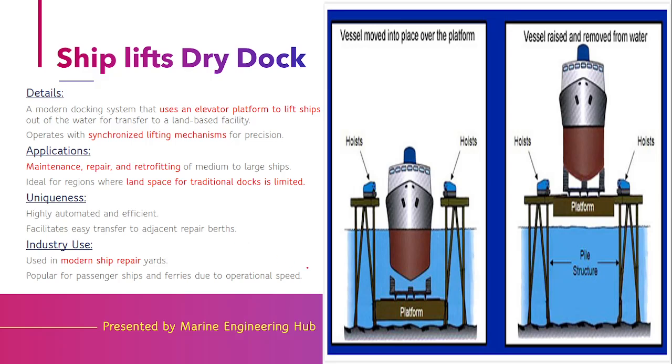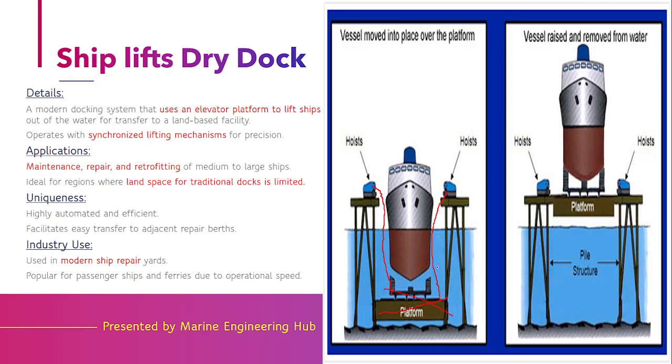Uniqueness is that it is automated and it needs to do the synchronization. It means that now when this dock is getting lifted by this hoist, this hoist needs to synchronize perfectly so that the platform doesn't get inclined like this or this.